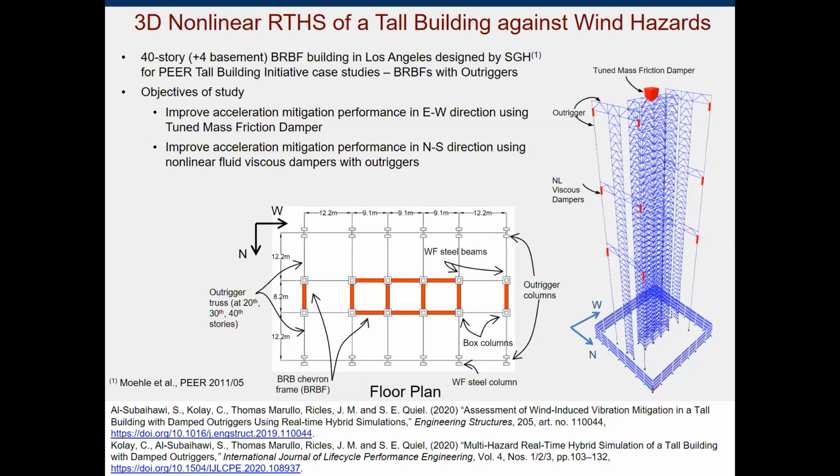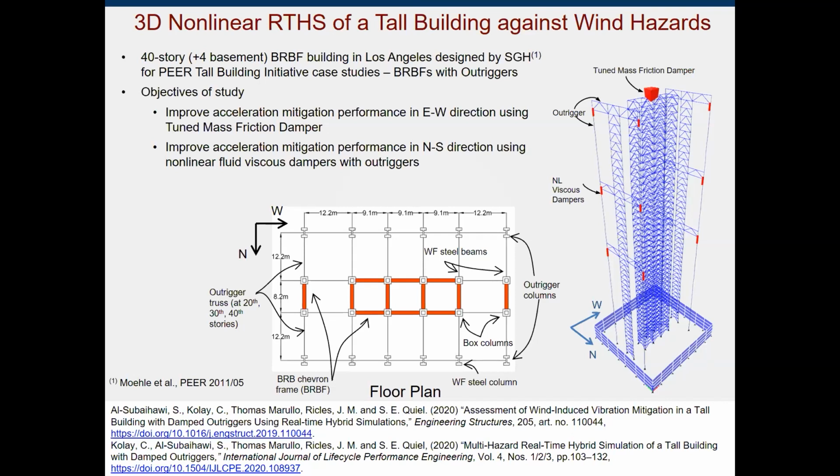And because of this specific configuration, we're able to utilize the outrigger columns for damper installations. So we installed almost about 12 nonlinear viscous dampers in the outrigger columns. But in the other direction, because we don't have outrigger columns, we're thinking of using this friction damper as a tuned mass damper to mitigate its wind vibrations.